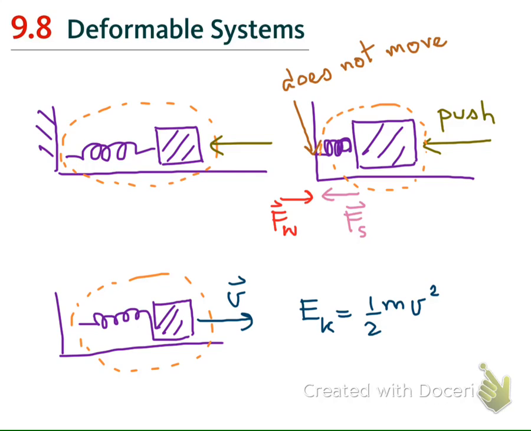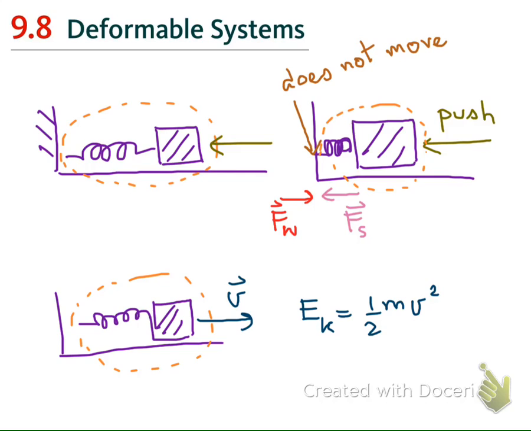But where does this kinetic energy come from? You can see that we have the force Fw exerted on the system. Someone may say that there is work done by the wall on the system, but be careful.